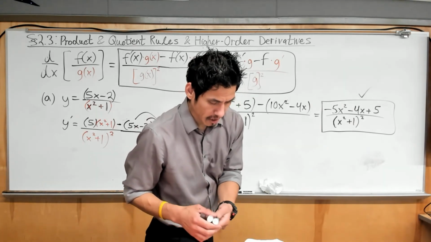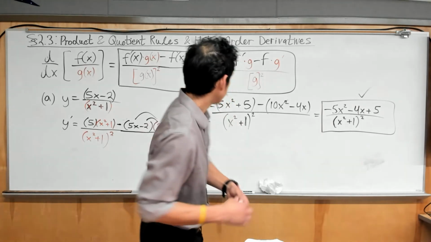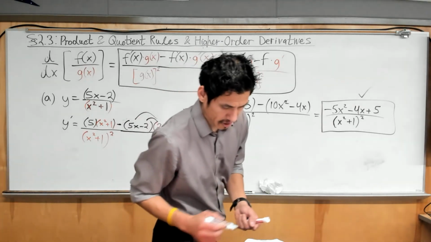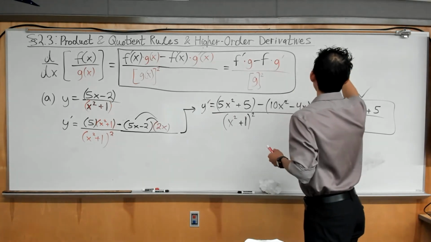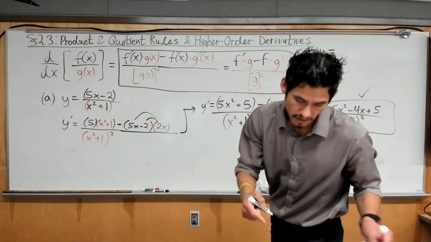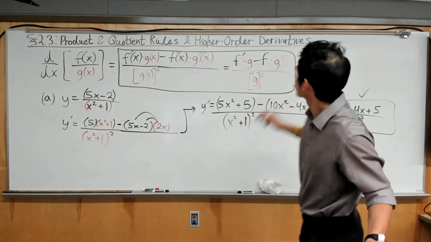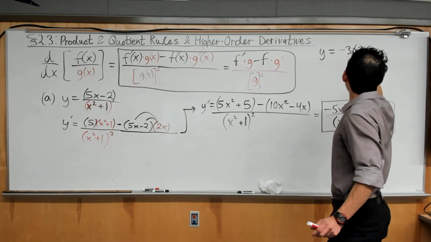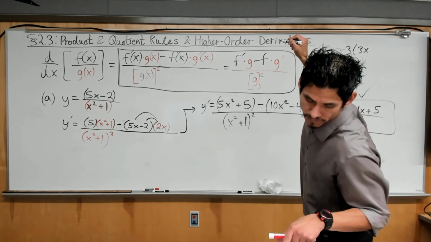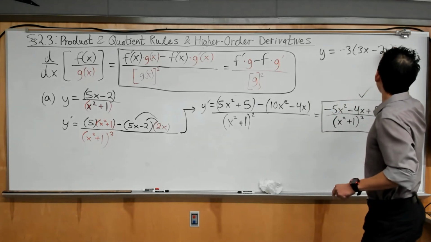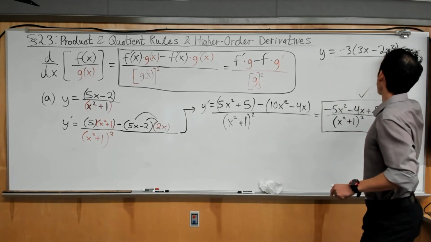All right, so something to point out. Let's say you have a function y equals negative 3 times 3x minus 2x squared, all over 7x.